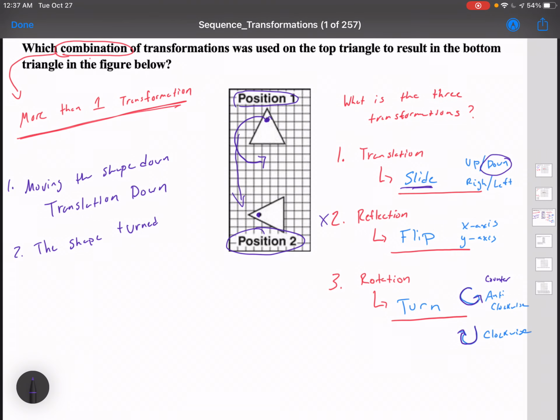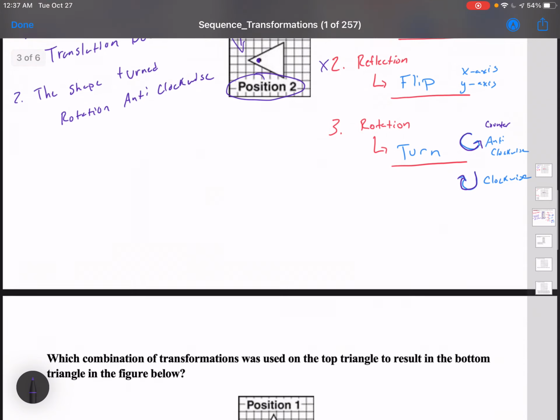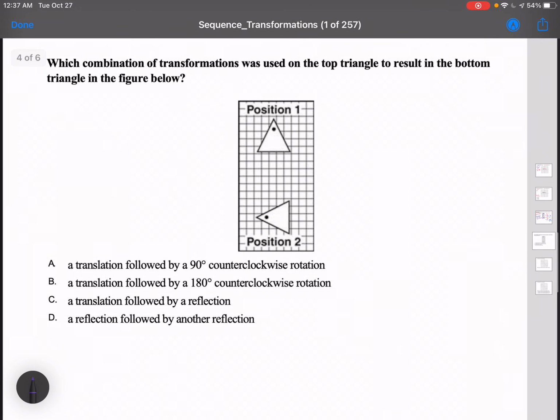So the shape turned. So if the shape turned, then it was a rotation anti-clockwise. Okay, so it looks like we have our combination here. So let's go down and let's see what our answer choices were.